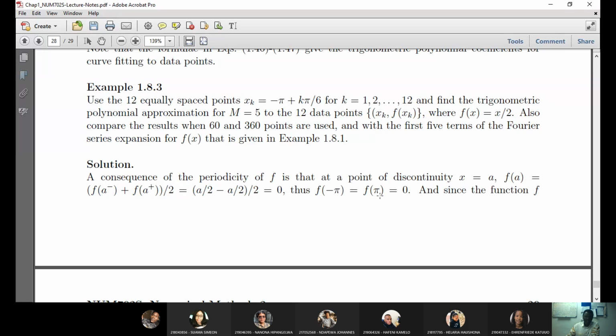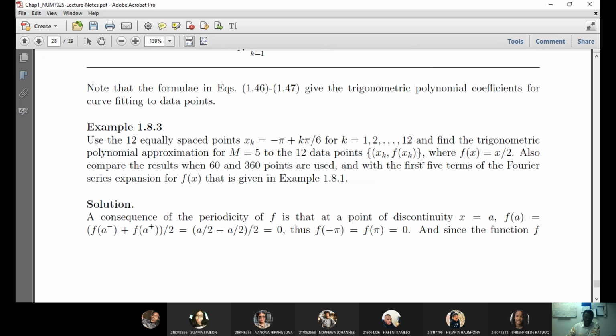Similarly, at negative pi and pi, the function is 0, right? From this. And here, you can see that f of x is defined on the open interval. The interval is open at negative pi and at pi. The interval is open.